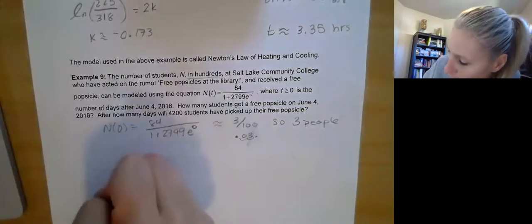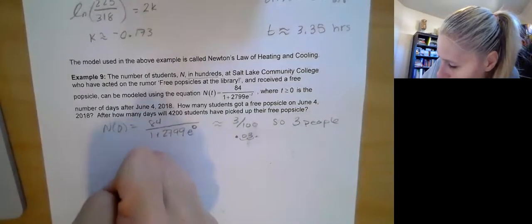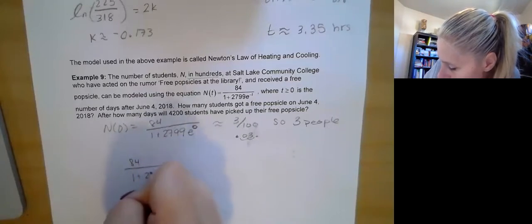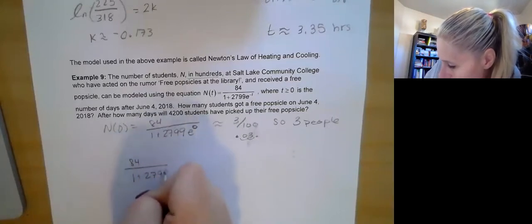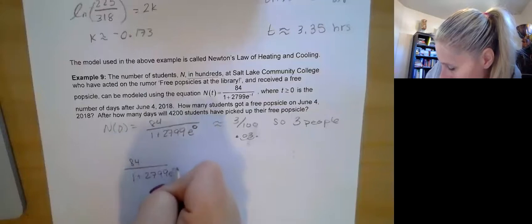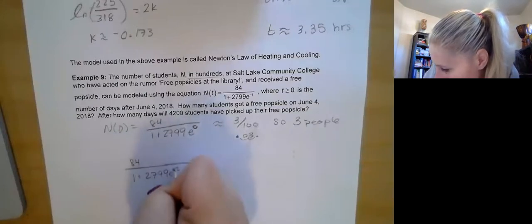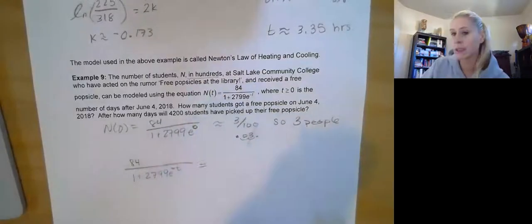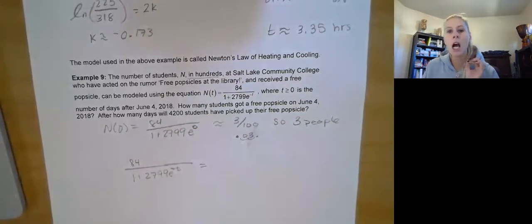Well, first of all, we know that the equation is 84 over 1 plus 2,799 e to the negative t. Now, we want to know when 4,200 students, but remember, n is in hundreds.